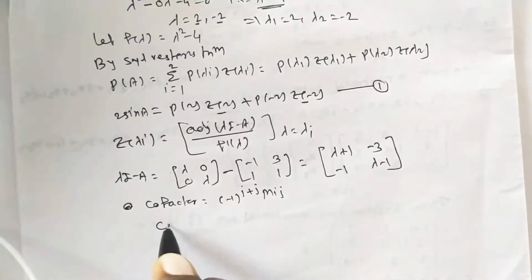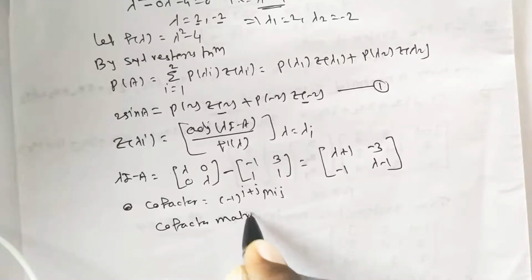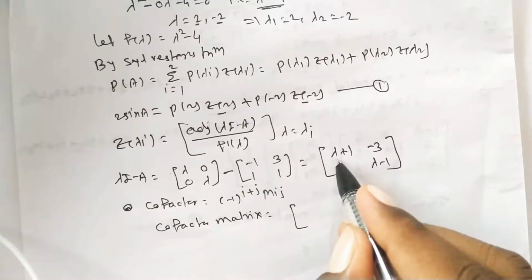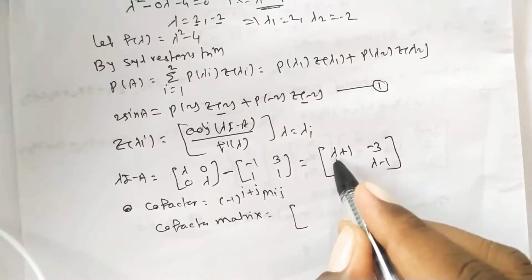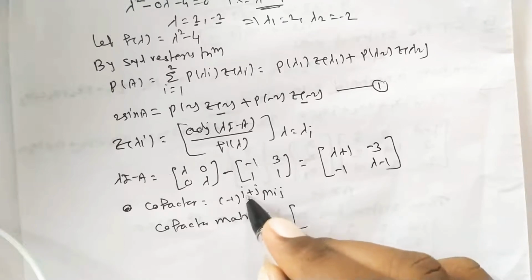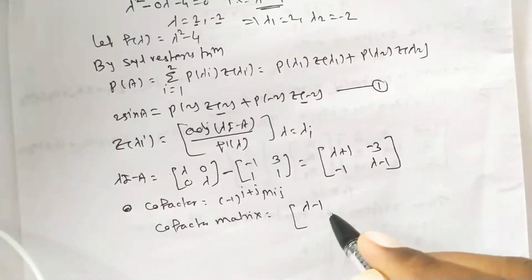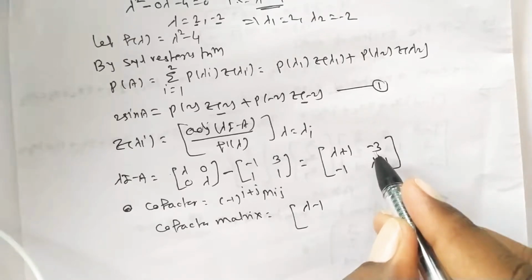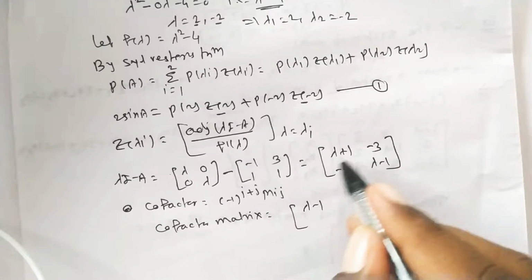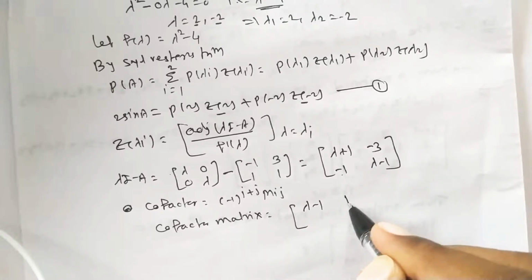So how do we write the cofactor matrix of this? The cofactor of the first element, lambda plus 1, which lies in the first row and first column: I equal to 1, j equal to 1 means minus 1 to the power 1 plus 1 is 2, into Mij, which is lambda minus 1. Then the cofactor of minus 3 is minus 1 raised to 1 plus 2, that is minus 1 cube, minus 1, into minus 1, that is plus 1.